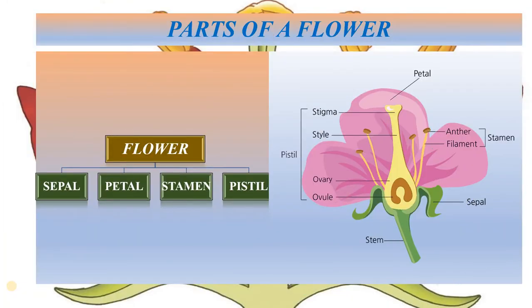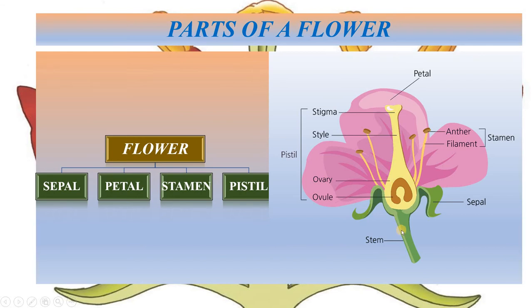Now, what are the different parts of a flower? Here you see the different parts of a flower are number 1 sepal, number 2 petal, number 3 stamen and number 4 pistil. Here you see the diagram of the structure of a flower. This part is known as the sepal. The green colored part which holds the entire content of the flower is known as the sepal.